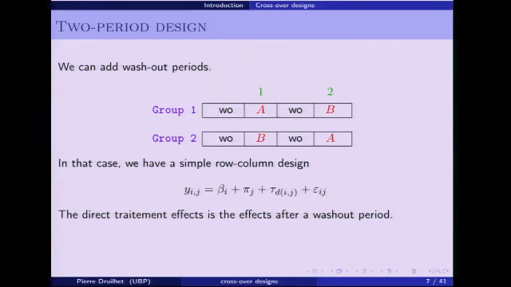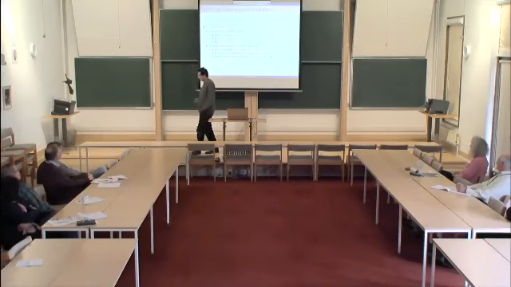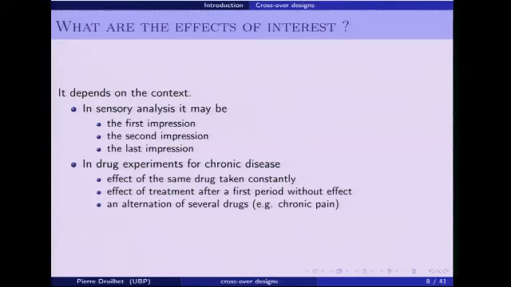And in that case, you are interested in the effect of the treatment, but which is preceded by nothing before, by a washout period. So that's where the problem arises: what is actually an effect in a carryover effect?